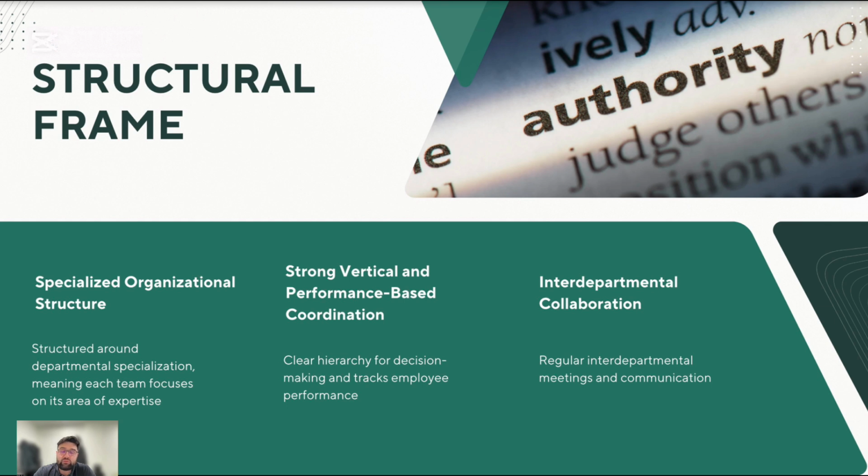Also, another important part of the structural frame at ProFusionSolar is that the lateral coordination is equally important as the vertical alignment across the company. This is mainly because interdepartmental meetings are held regularly to ensure top communication between these departments and allow them to align on tasks, on reaching objectives, and keeping up with the projects, and so on and so forth.